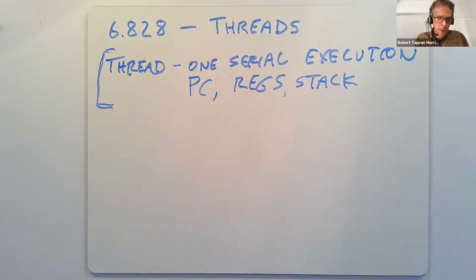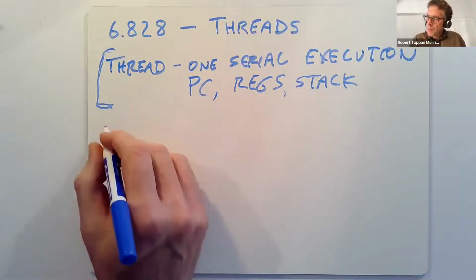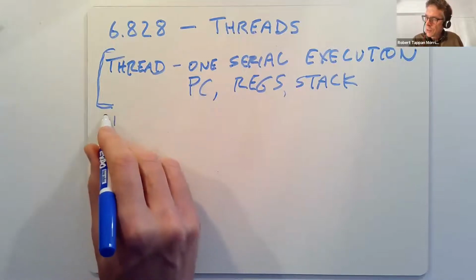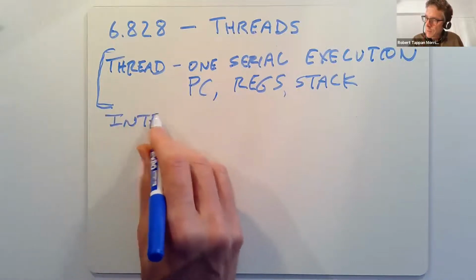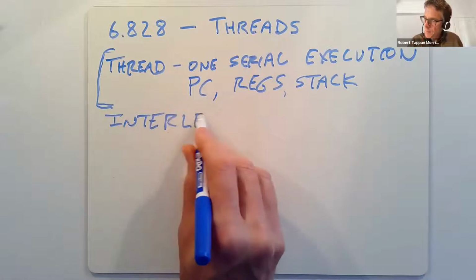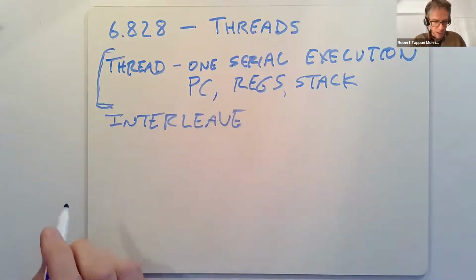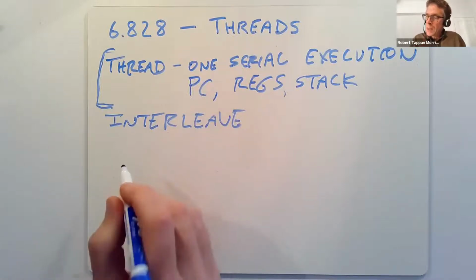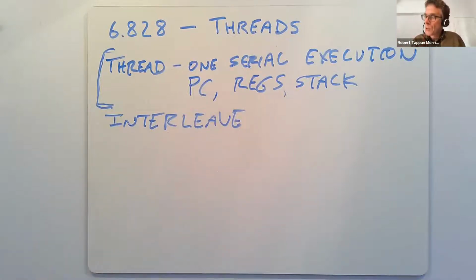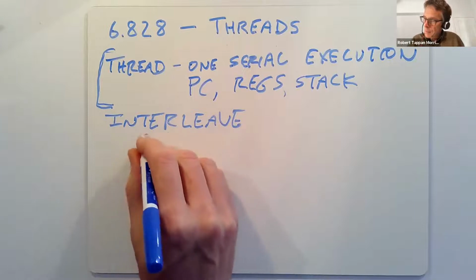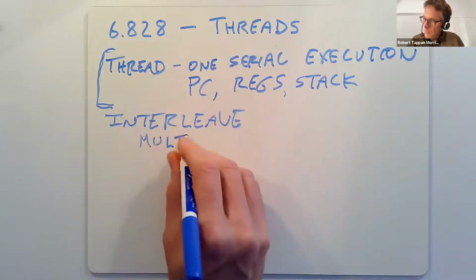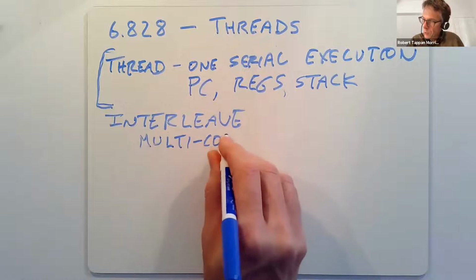And there are really 2 main strategies. So we want to interleave. This is going to be a big topic here, how to interleave many threads. One way to interleave the execution of many threads is to have multiple CPUs, maybe as on a multi-core processor.